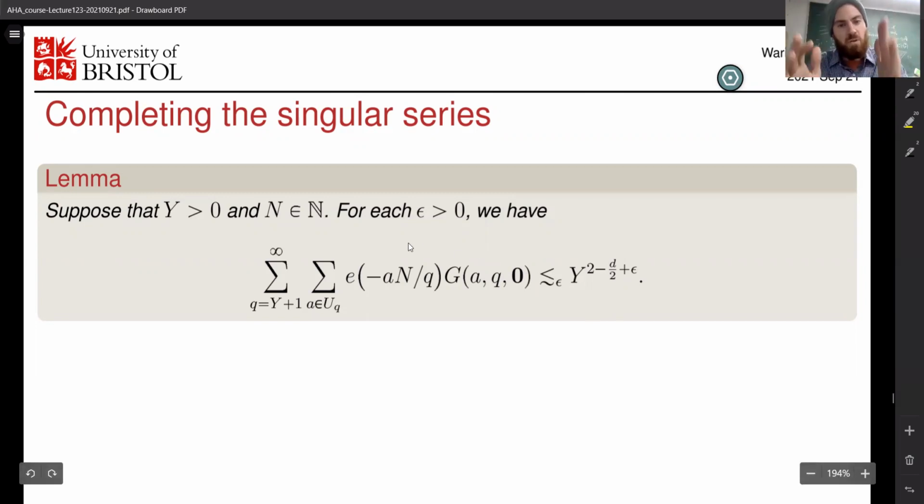If you just apply the triangle inequality, I lose a factor of q and a factor of q squared, which turns into a bound of y squared times y to the minus d over 2 plus epsilon. And so when d is at least 4, you only have a size of, say, y to the epsilon.